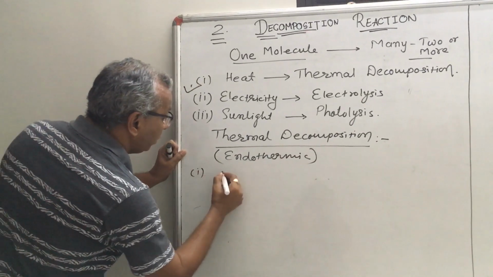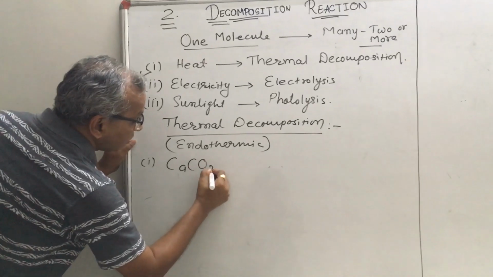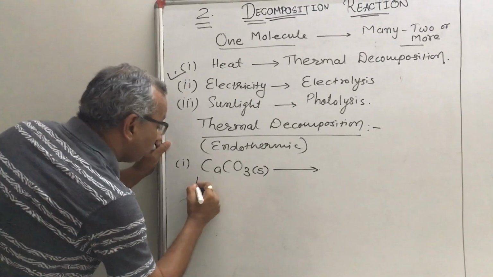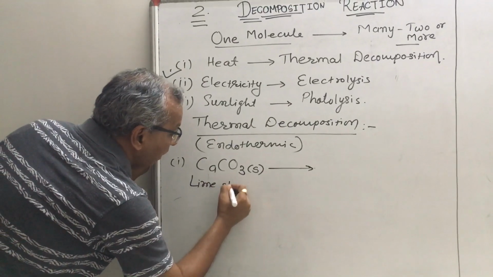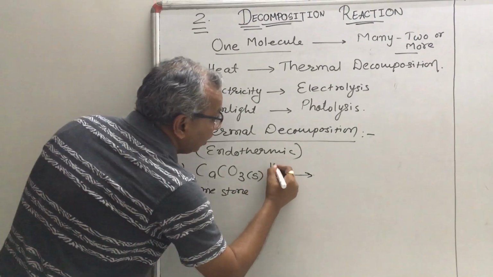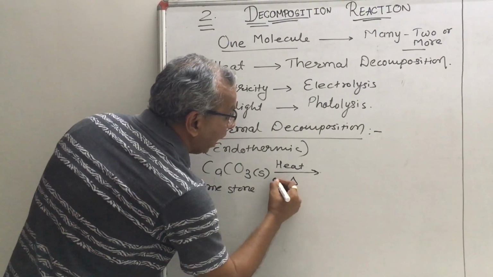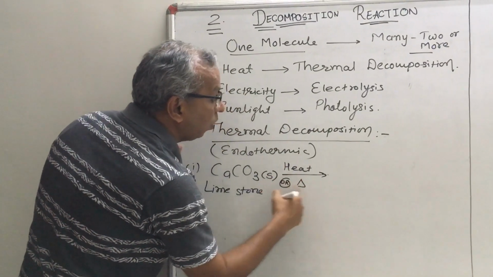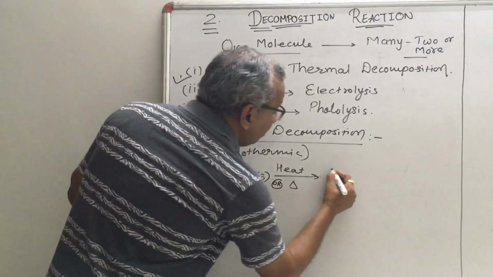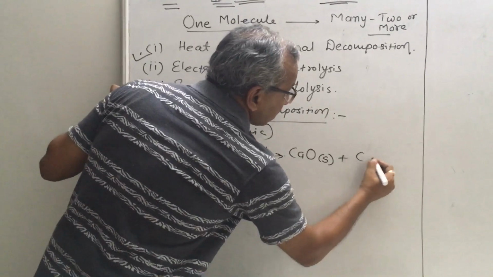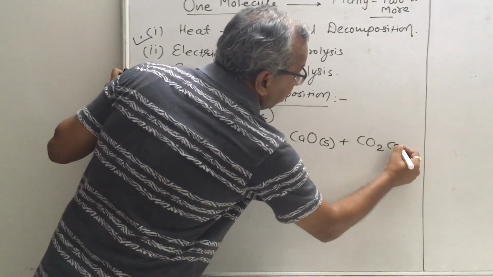The first example friends we take is calcium carbonate, that is CaCO3. As you know, it is also known as limestone. When heat is applied, heat can also be described by delta. So you can write either heat or delta, both are the same. It will be decomposed to CaO, calcium oxide, and carbon dioxide.